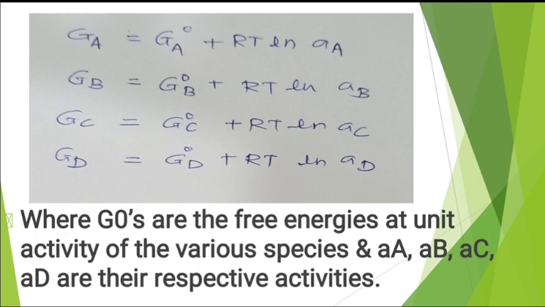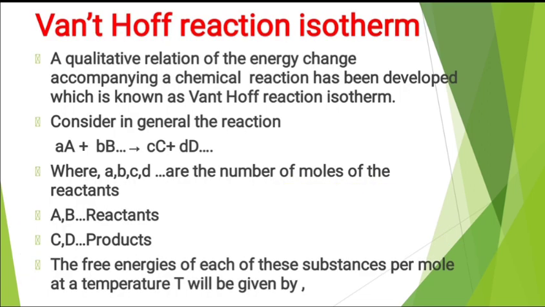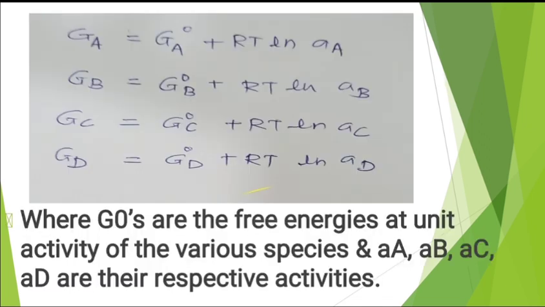GA is equal to GA standard plus RT ln of activity of A species. So here in this equation, this small a represents the activity, that is unit activity. So Gibbs free energy is determined in terms of the activity. So here activity is included in the equation of Gibbs free energy. So GA is equal to GA standard plus RT ln of activity of A.